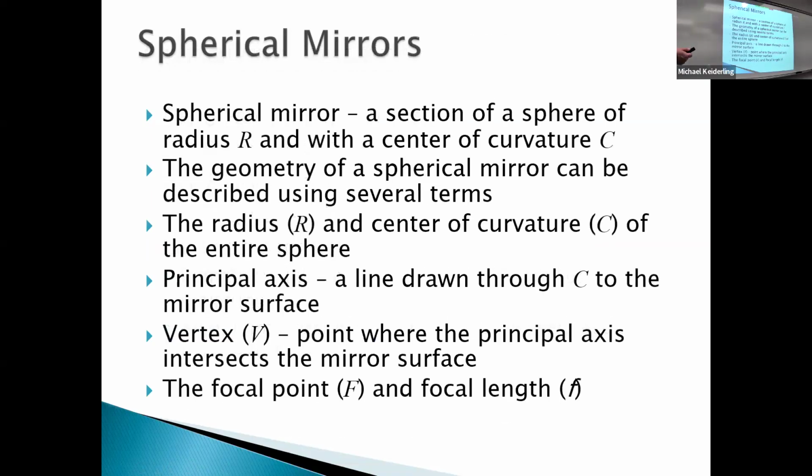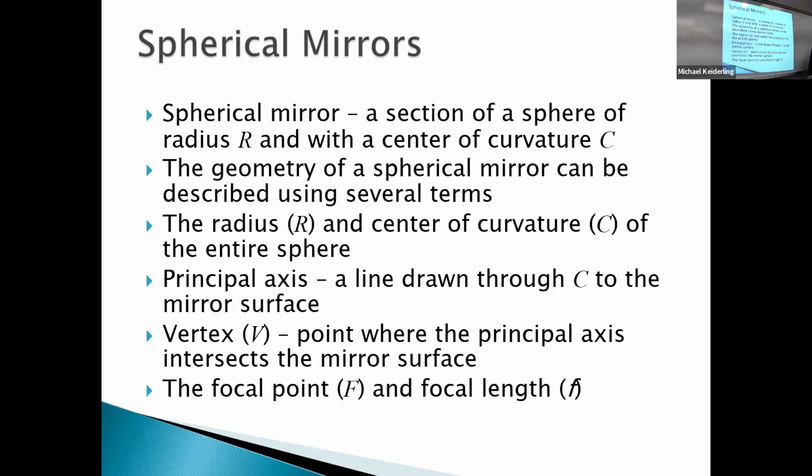So we were discussing spherical mirrors. A spherical mirror is a section of a sphere that's curved, has a radius r and a center of curvature c. And the geometry of a spherical mirror can be described using several terms. You could have the radius and the center of curvature for the entire sphere.